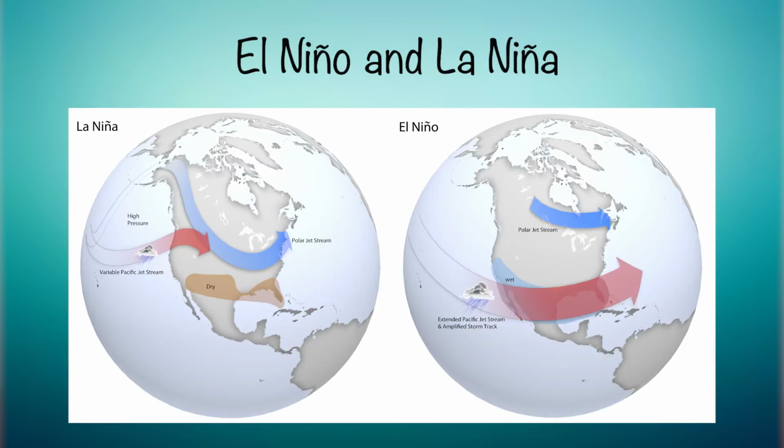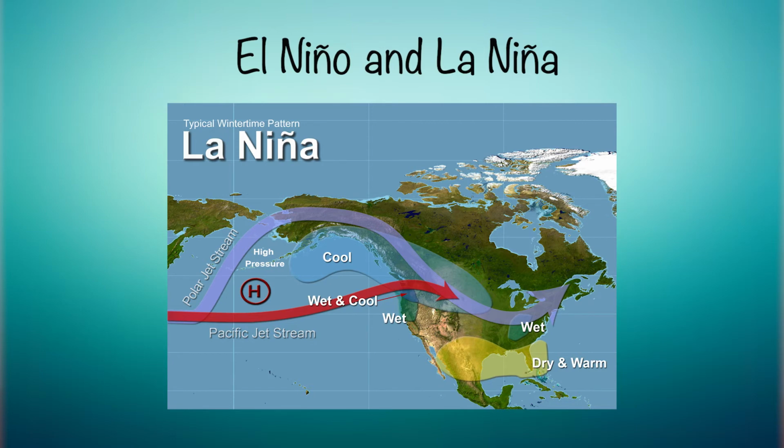So now we will examine a map of the world that shows us exactly how El Niño and La Niña travel, the path of El Niño and La Niña. On the map, you will notice that there are 2 arrows. Those arrows indicate the direction in which the wind travels.